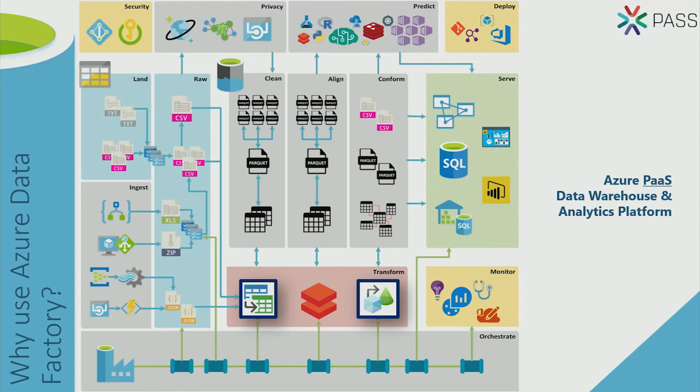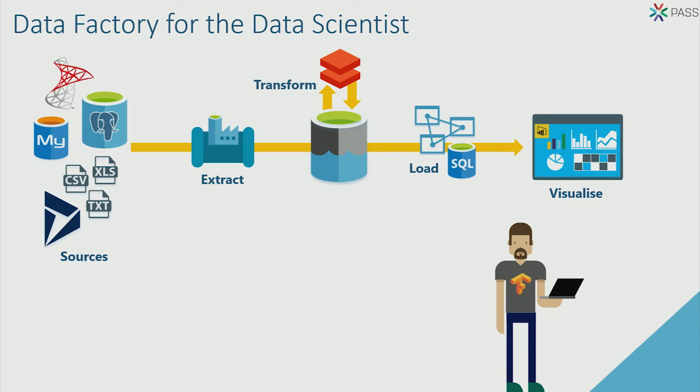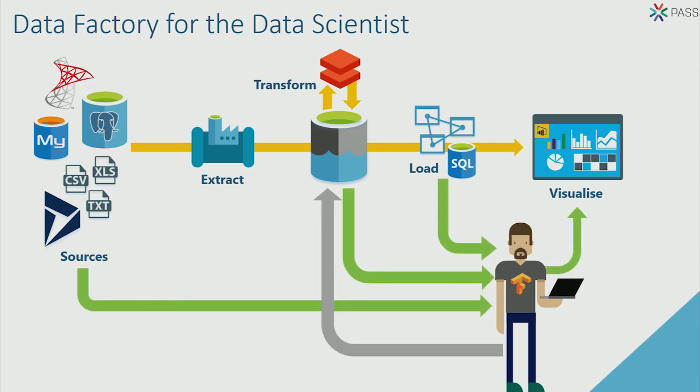Another argument that I've made: I was at an AI conference a couple of months ago, and I was surrounded by data scientists. I felt very uncomfortable. And I said to those data scientists, if we have a very much extract, transform, load type scenario, and we have our beardy data scientist that has to then go and do data science, whatever that involves, he or she, of course, has to maybe go and get that data.